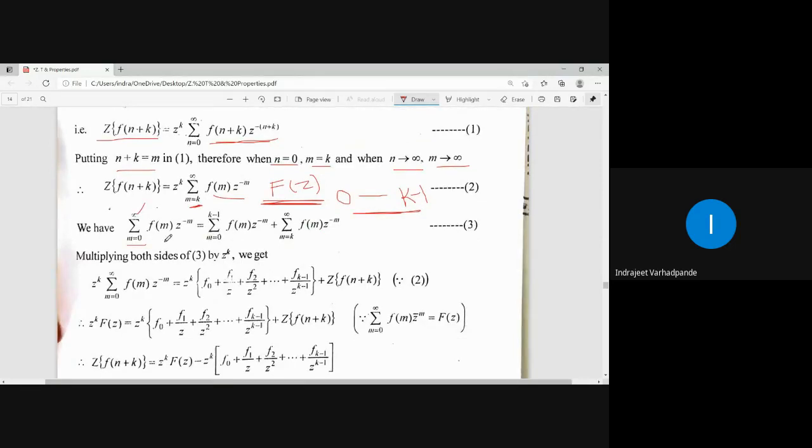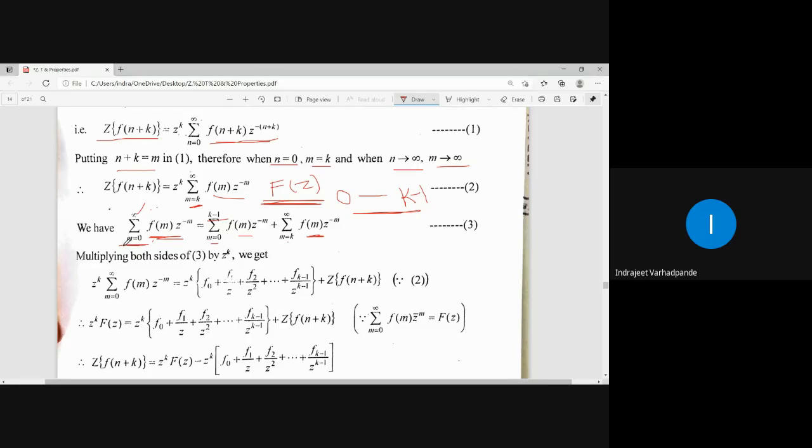In total I need 0 to infinity, but as per the statement and simplification I have only k to infinity. So 0 to infinity will be nothing but 0 to k minus 1 plus k to infinity. This is available with me, right? And when this is fulfilled, I will get the definition of the Z transform.